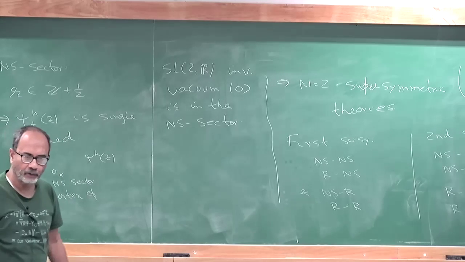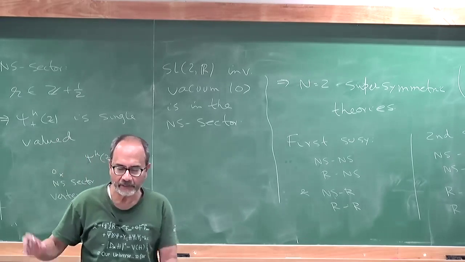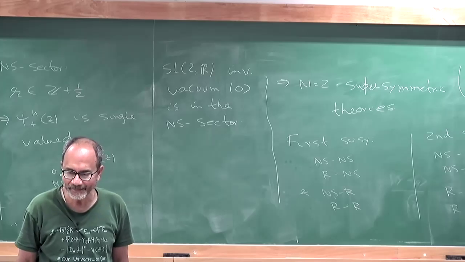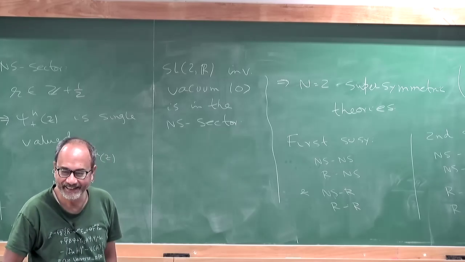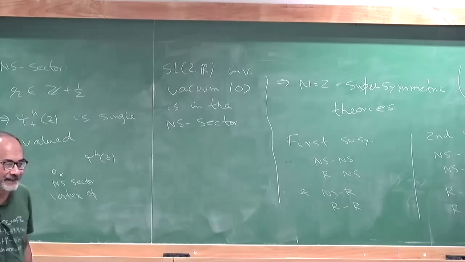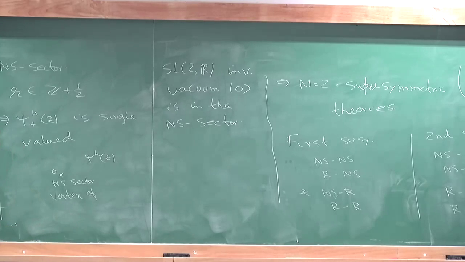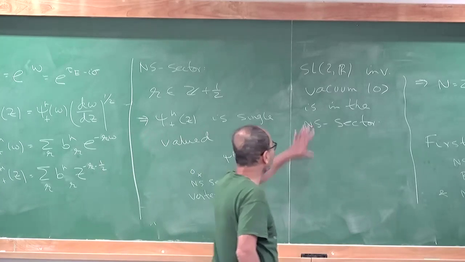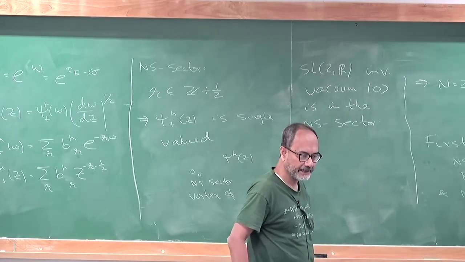Notice that I have been talking about NS without referring to the other sector. So you have already accepted that things factorize, because you didn't complain, since we can deal with psi plus and psi minus separately. If we just look at the NS sector on the right, which is what we're dealing with, we learned that the SL2R invariant vacuum is in the NS sector.